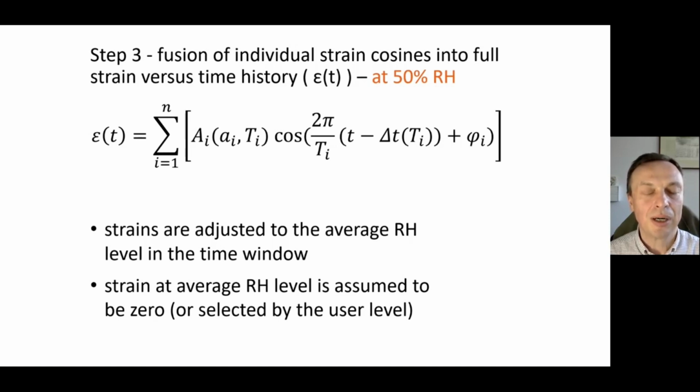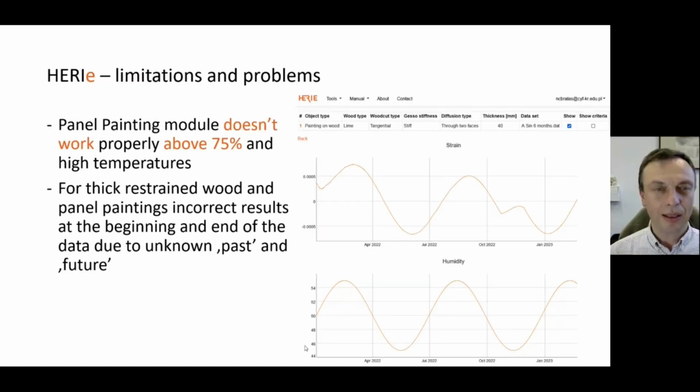Additionally, strains are adjusted to the average level in each time window, and we need to make an assumption about where the zero stress strain level is. Usually we assume as a default solution that the zero strain level is at the average level of the data which were uploaded, but the user also has the choice to select a different level.